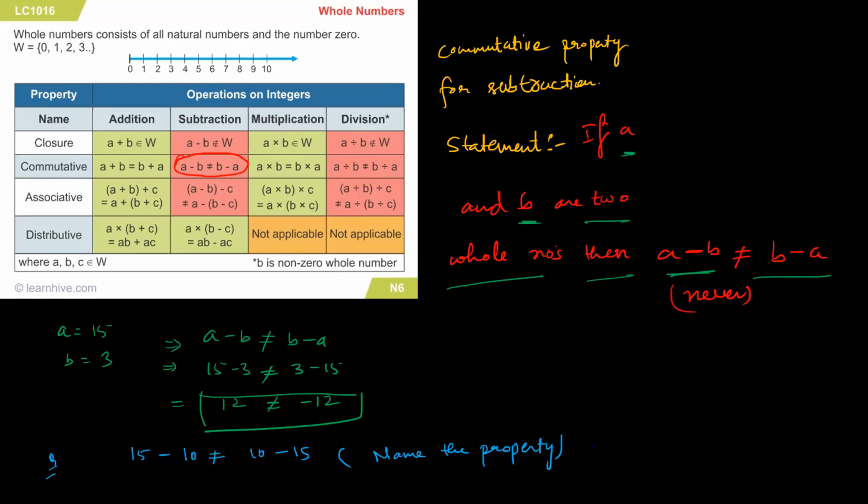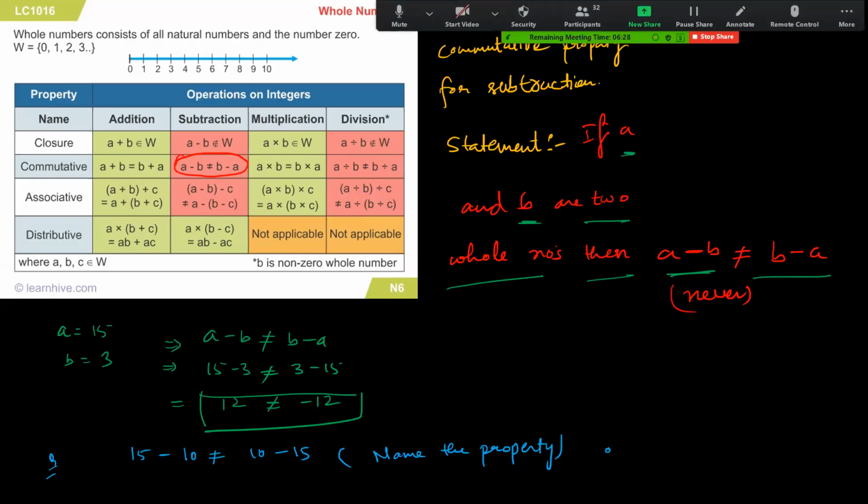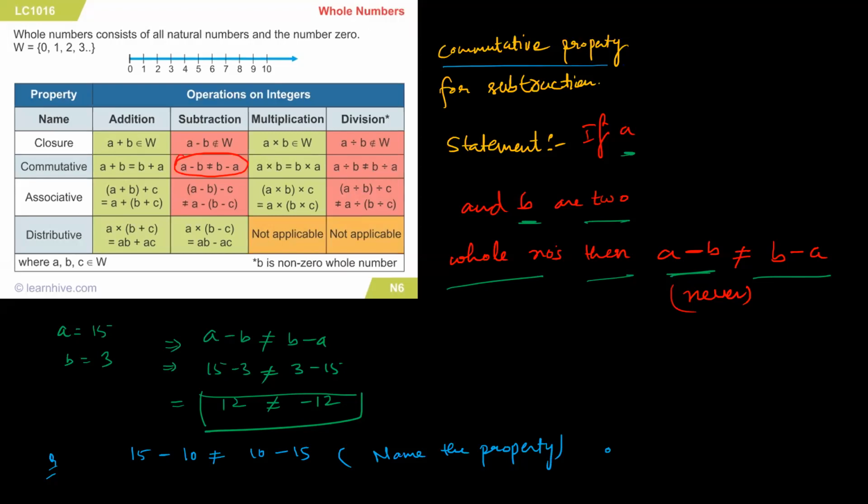So the answer is commutative property. Of course, this is the answer. So this is the commutative property for subtraction. You will write commutative property for subtraction.